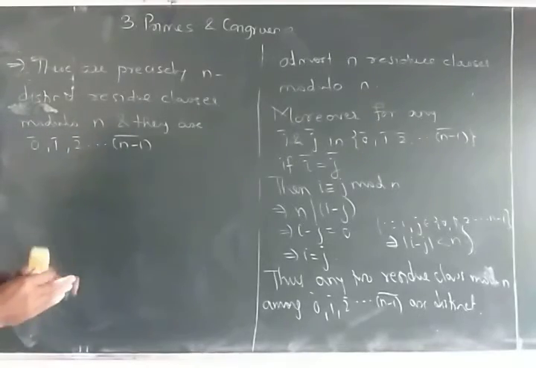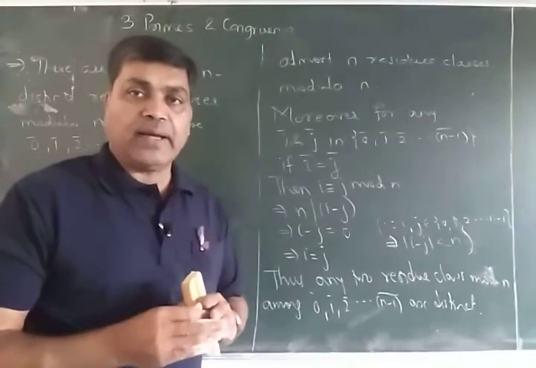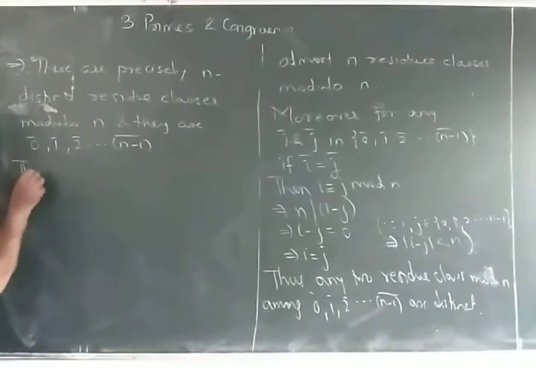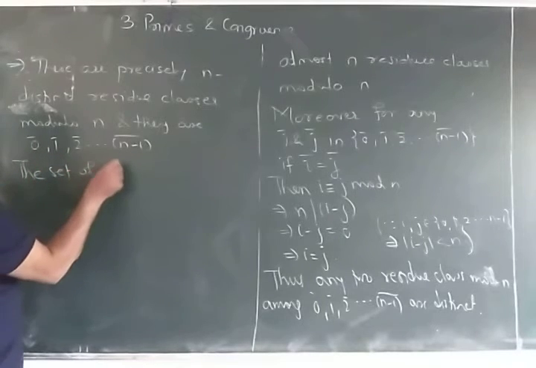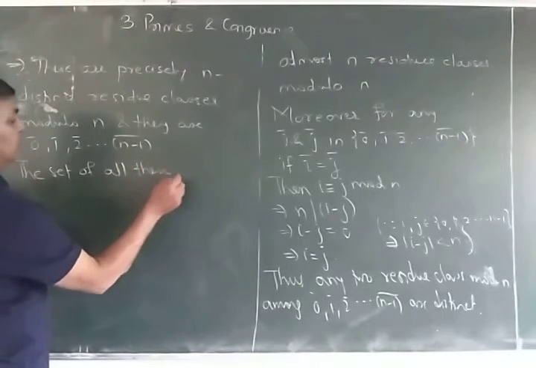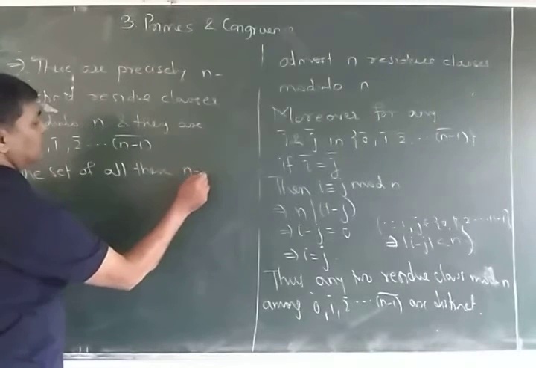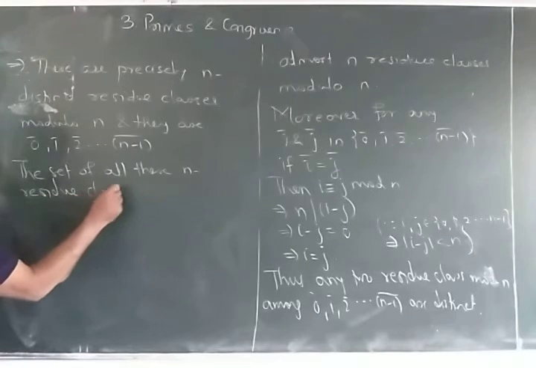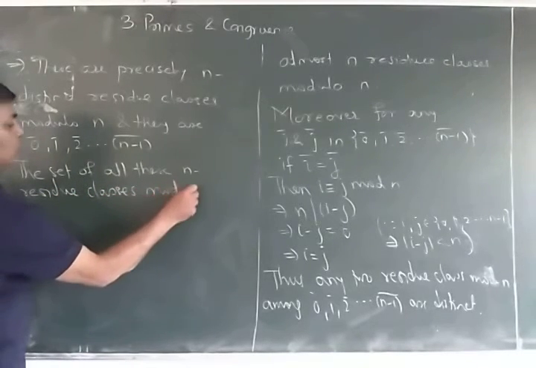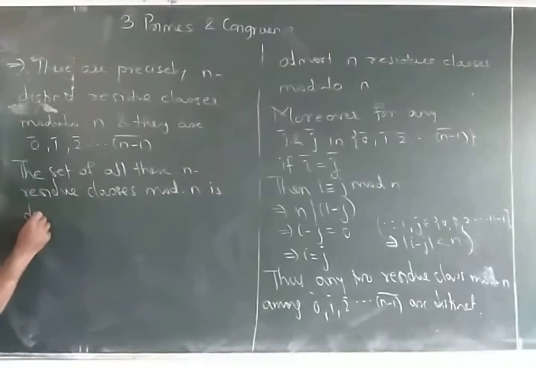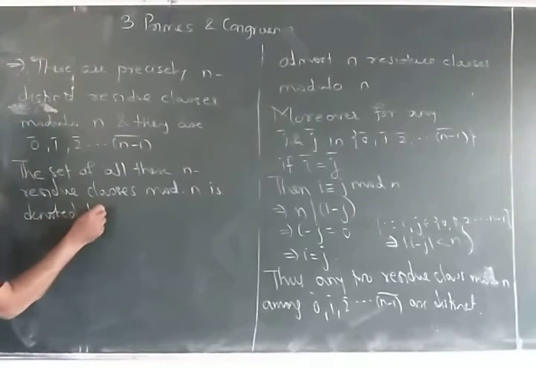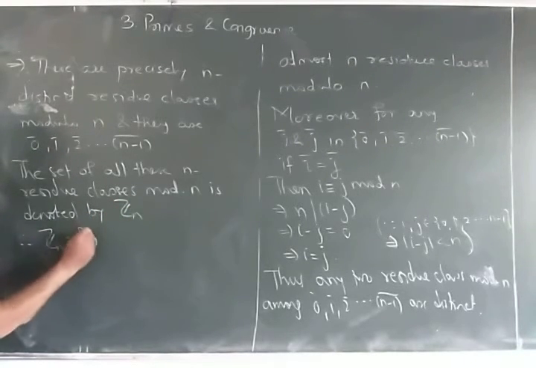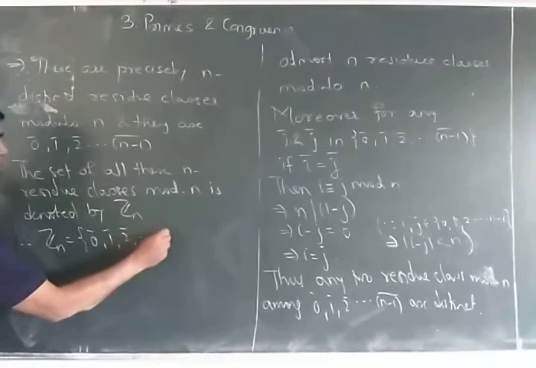The set of all these n residue classes modulo n is denoted by the symbol Zn. Therefore, Zn is equal to 0 bar, 1 bar, 2 bar, up to n minus 1 bar.